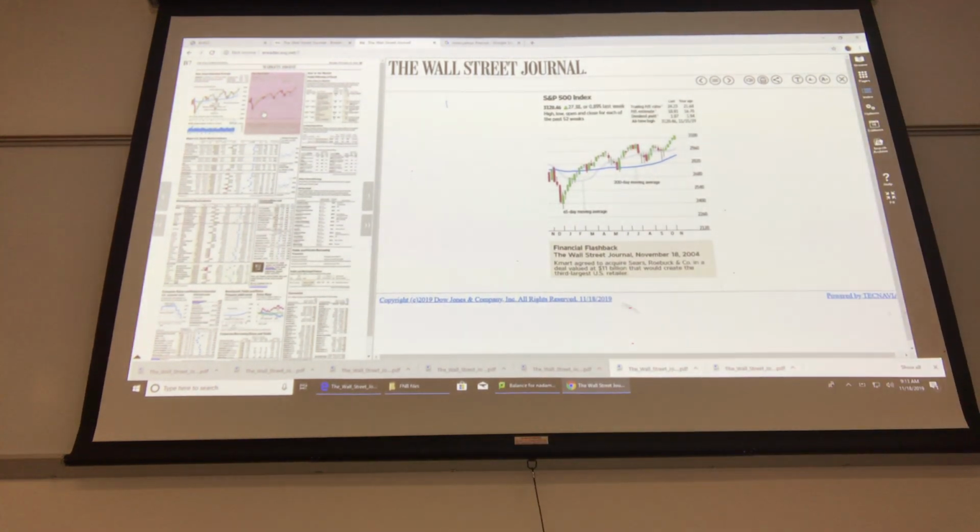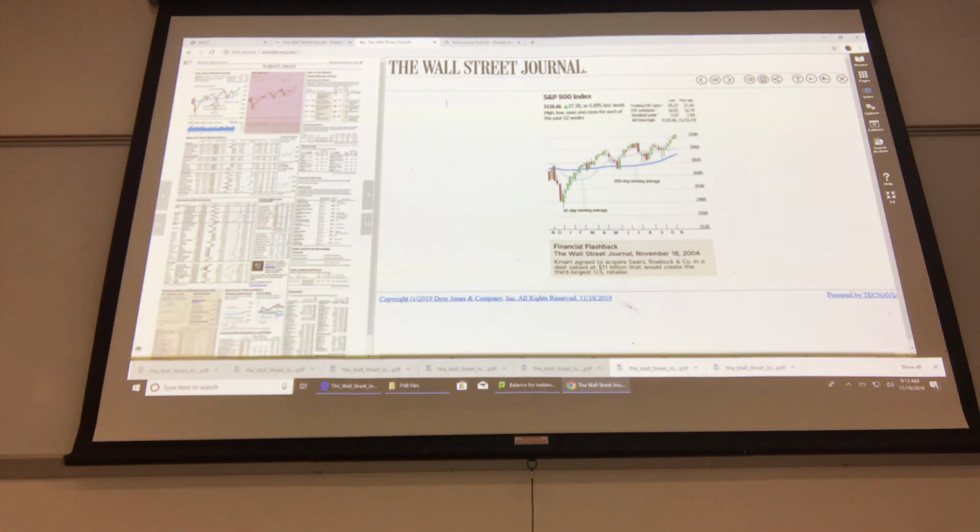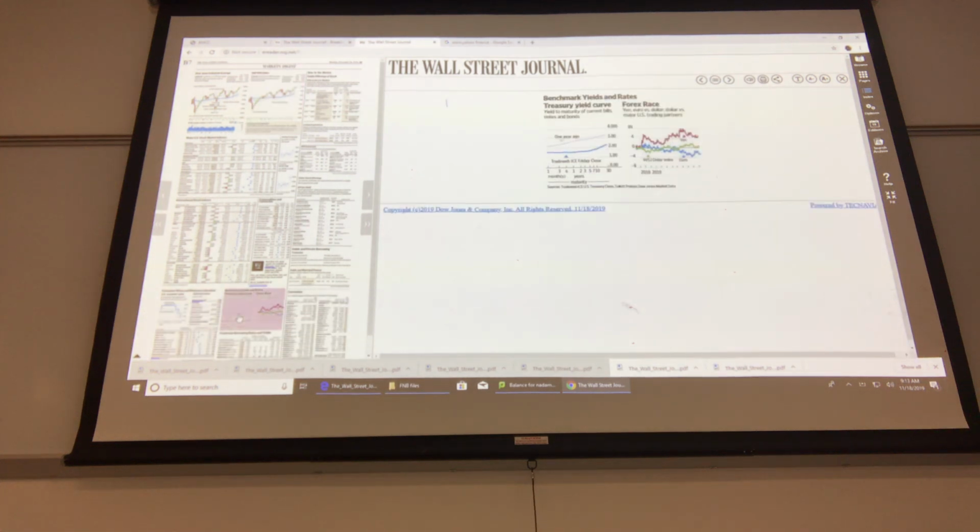What we also want to have in our mind whenever we think about the stock market is what happens in the bond market. And if we want to know what is happening in the bond market, what we like to see is what is happening with the yield curve. And I want you to know what is a yield curve.